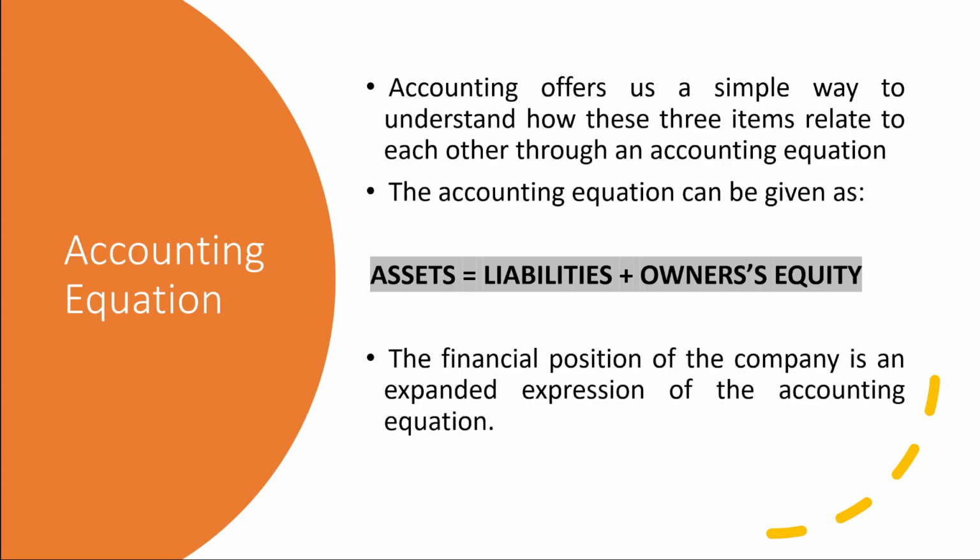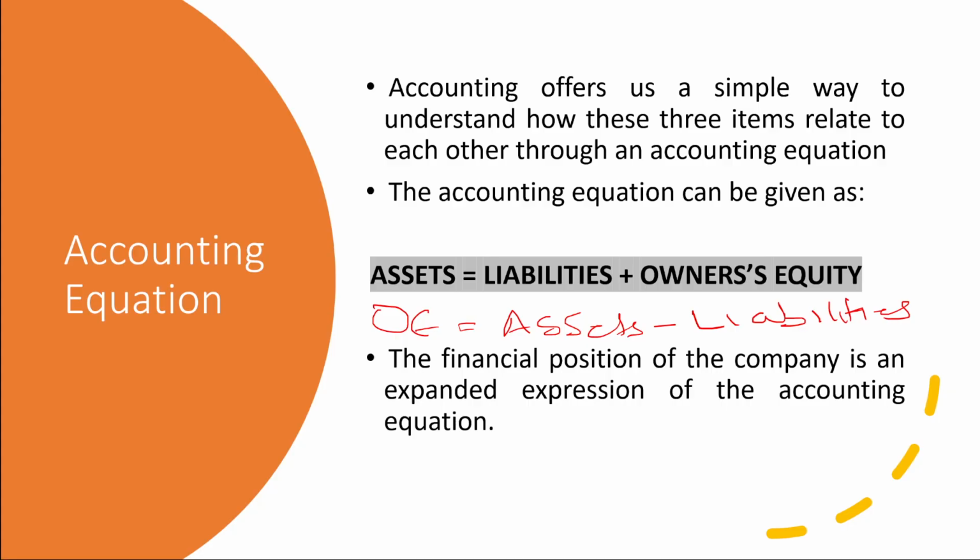In your textbook on page 26, you will notice that it starts by saying owner's equity equals assets minus liabilities. You can rearrange this equation and use any of these elements to become the subject of the formula. So here we just change it to owner's equity equals assets minus liabilities.